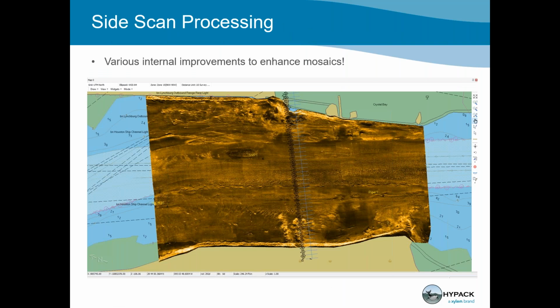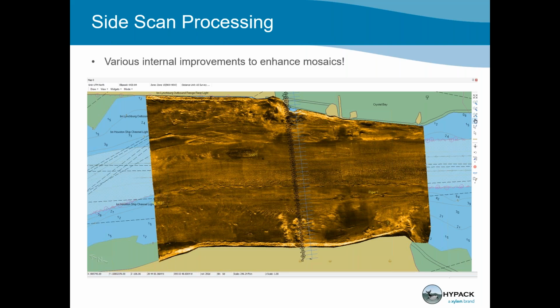All right. Side scan, we did a lot of internal changes here. I won't spend too much time on this, but as you can see by the picture, if you look at this image, there's quite a few different side scan passes over here. And we did a lot of work in order to clean up, make the overlap look a lot nicer and stuff. So this is just an example of some of the internal improvements that we've done to enhance the mosaics.